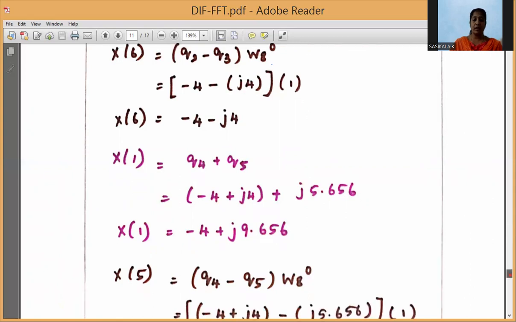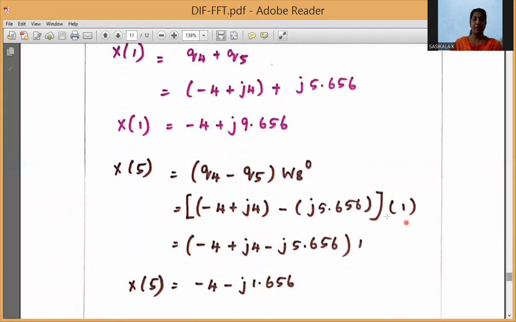So X of 1 equal to minus 4 plus J 9.656. The second output X of 5 can be written as Q4 minus Q5 into W8 power 0. So minus 4 plus J4 is Q4's value, minus J 5.656 is Q5's value, and W8 power 0 is equal to 1. And write minus 4 plus J4 minus into plus becomes minus J 5.656 into 1.